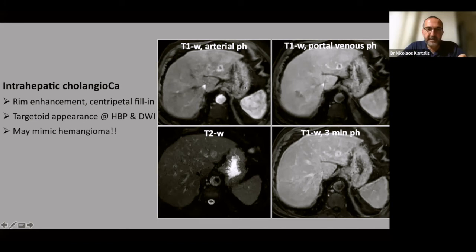Here is another, similar case. The enhancement is from the periphery, but it's for sure continuous. It's not discontinuous. It's not nodular. Although it is enhancing towards the center during the later phases of extracellular contrast agent enhanced MRI, we can still see a difference from the classical pattern of a hemangioma, which should be discontinuous, nodular, peripheral with centripetal filling.